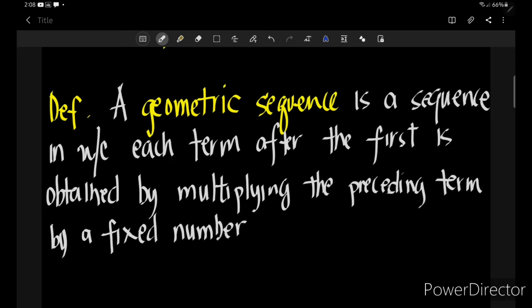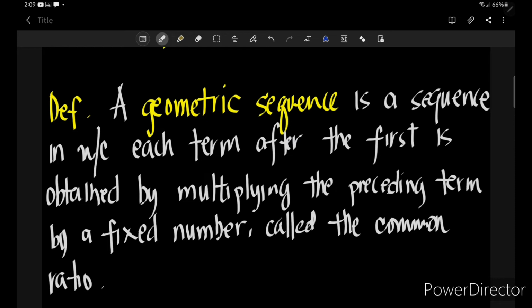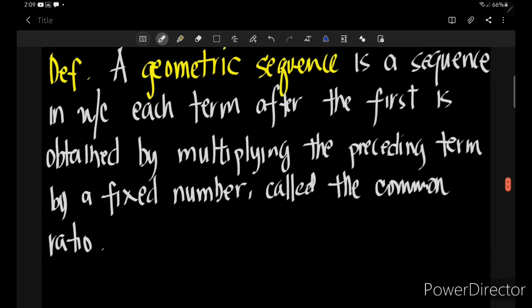And that fixed number is called the common ratio. Common ratio. And we have the general formula as G sub n equal G sub 1 times R raised to n minus 1. There you have it.